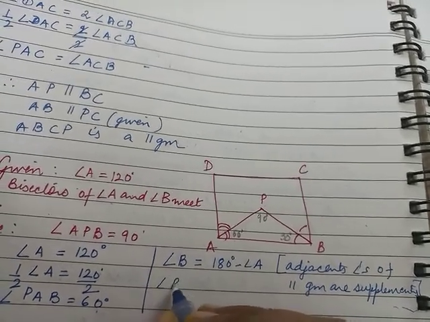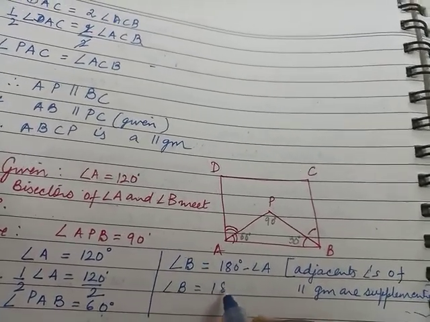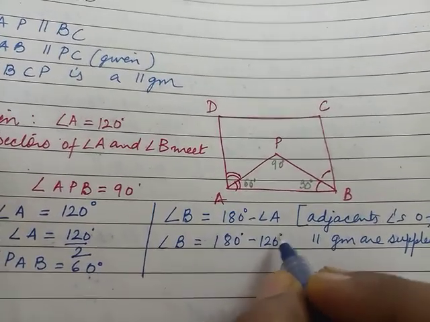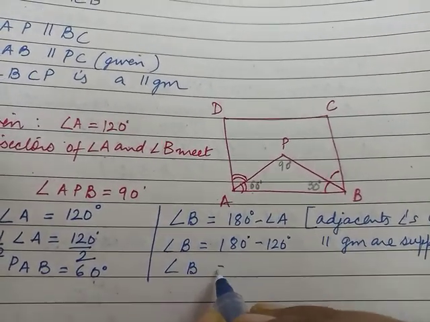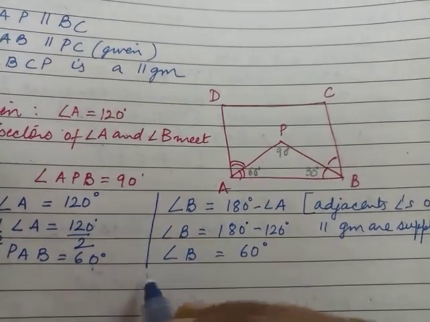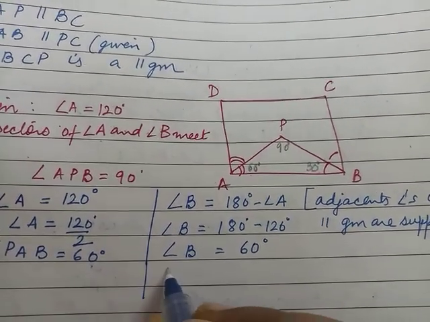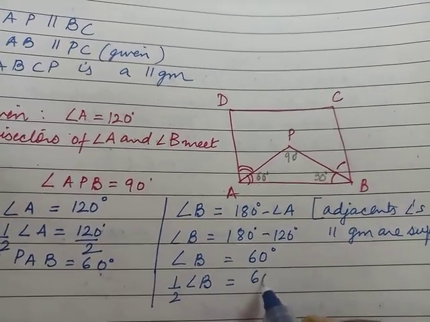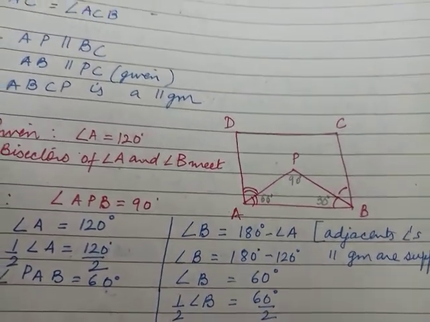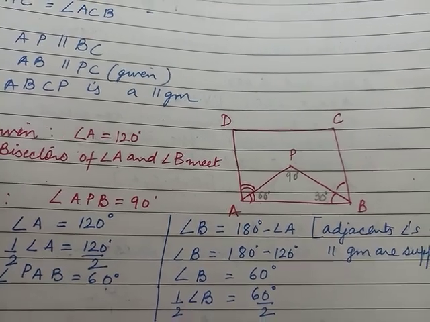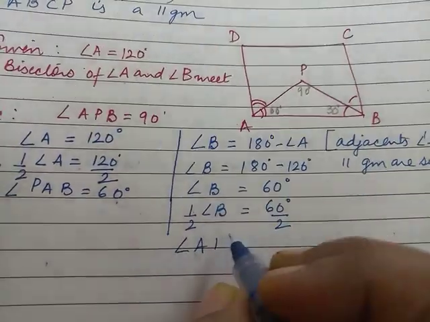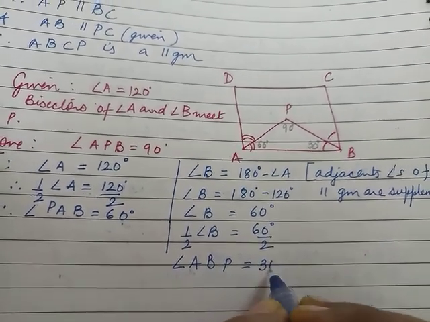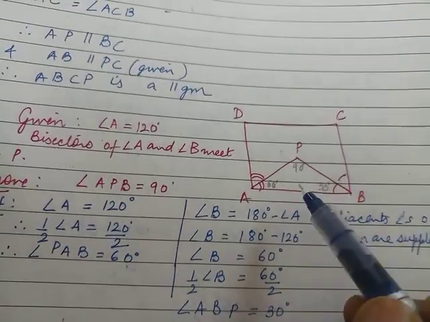Therefore, angle B is equal to 180 minus 120. That becomes angle B is equal to 60 degrees. Now again I multiply half on both sides. So half of angle B is equal to 60 by 2. Half of angle B is equal to angle ABP. That becomes 30 degrees.